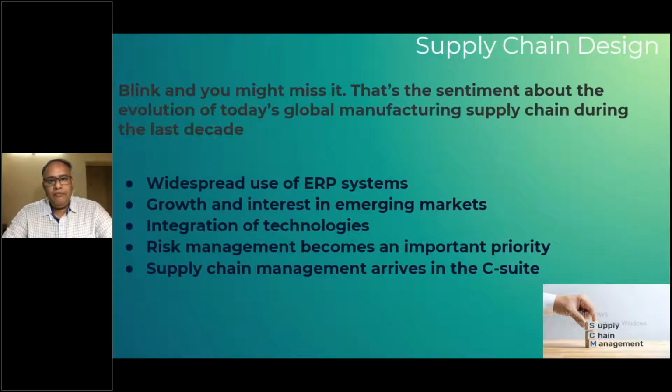The top key factors are the widespread use of ERP systems, enterprise resource planning, as all of you might know. In the last decade, various ERP models have been implemented by various companies, whether SAP, Oracle, or any other ERP.